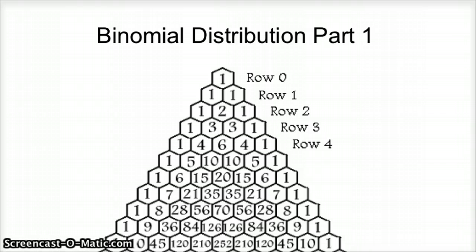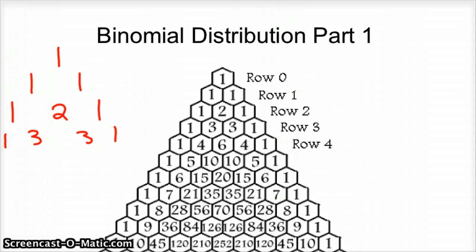So this fits into Pascal's triangle quite well, and it's kind of a neat connection. So here, let's say we have this honeycomb, and Pascal's triangle is a series of numbers. So 1 would be row 0, 1, 1 would be row 1. Then you'd have 1, 2, 1 for row 2, and then 1, 3, 3, 1 for row 3, and so on down the line.